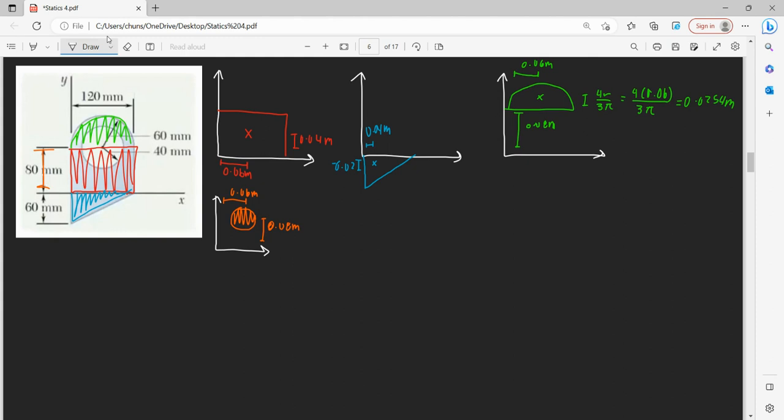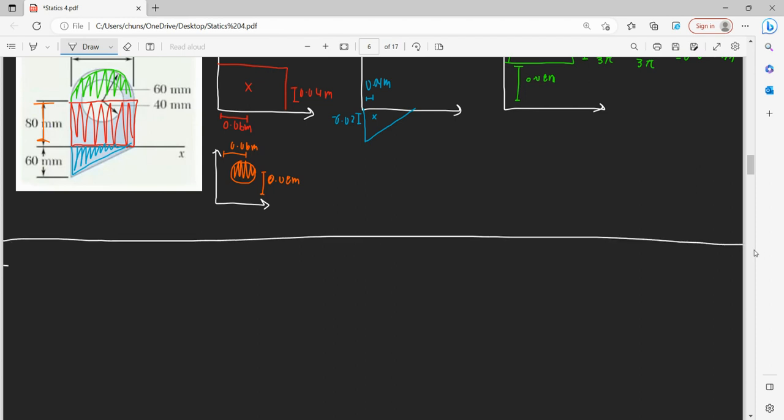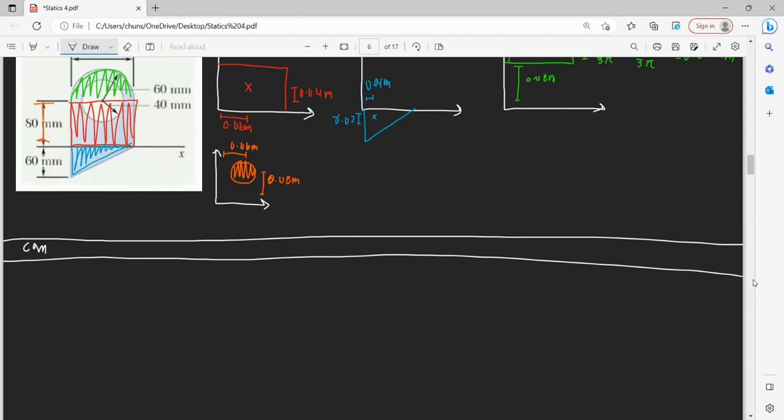And now let's create a table to help us organize all of our data. So we're going to need a lot of different things. So we're going to need our component. We need our x of that component, our center of y of that component. Could probably make this closer together.